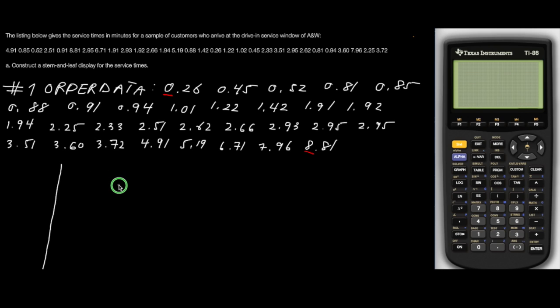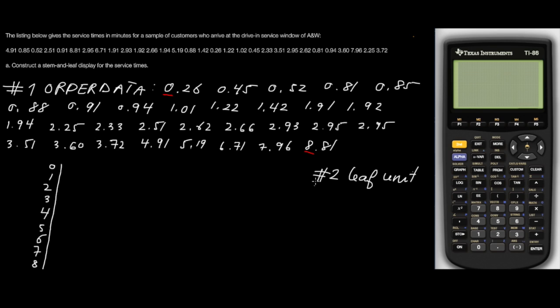So we're going to plot from 0 all the way to 8, because we know those will be the unit measurements that we will require. Now, number 2 that we need to determine is our leaf unit.